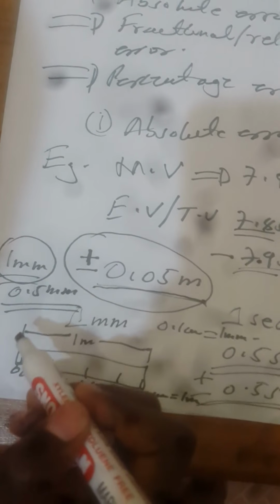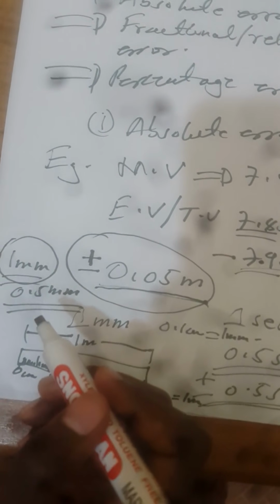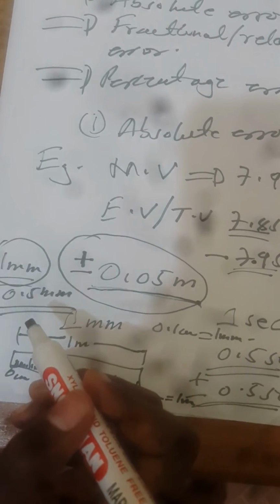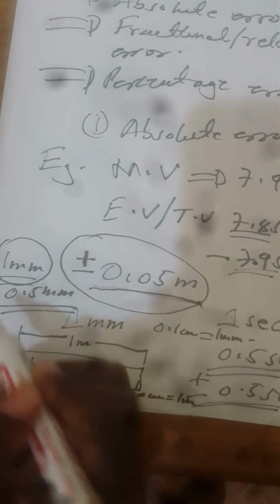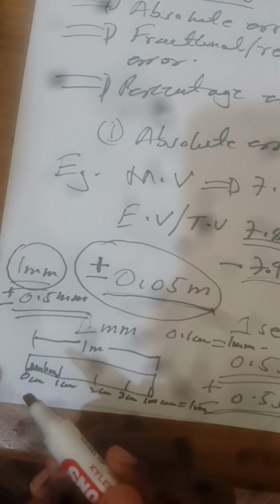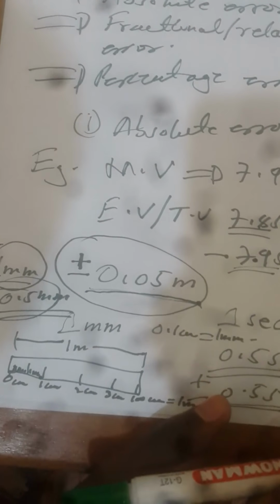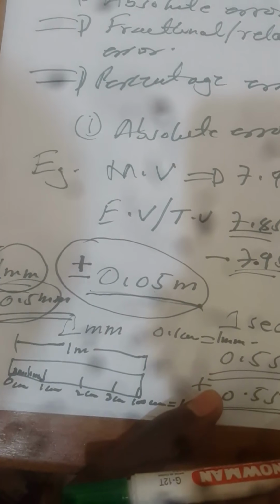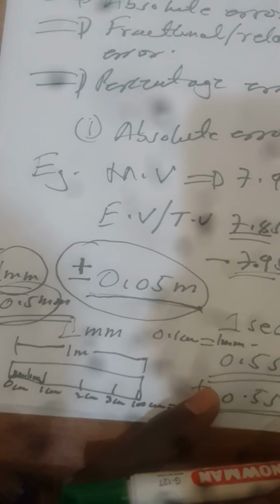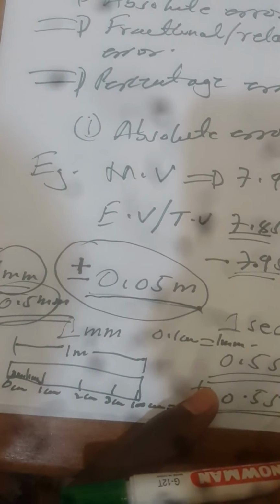So this is an absolute error in a meter rule, or can be written as plus or minus. You can add or you can subtract 0.5 millimeter. So this is a way of obtaining an absolute error from different measuring instruments.